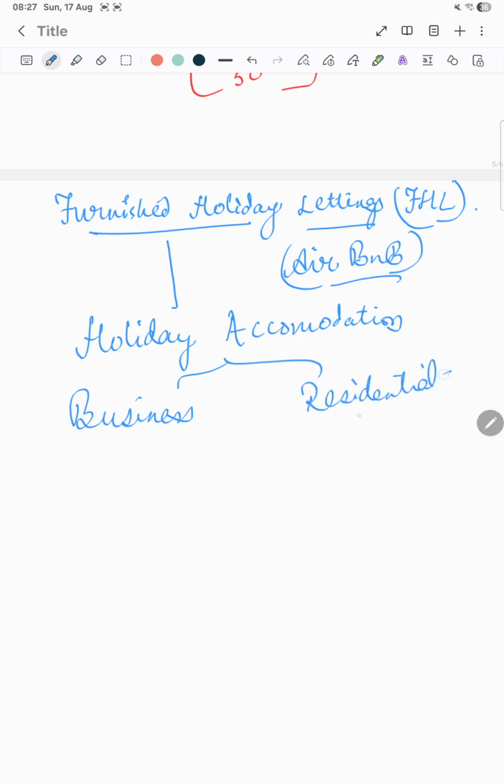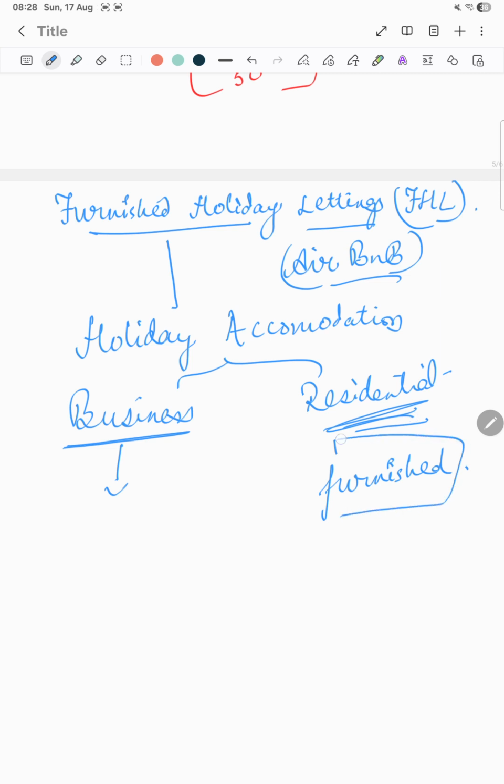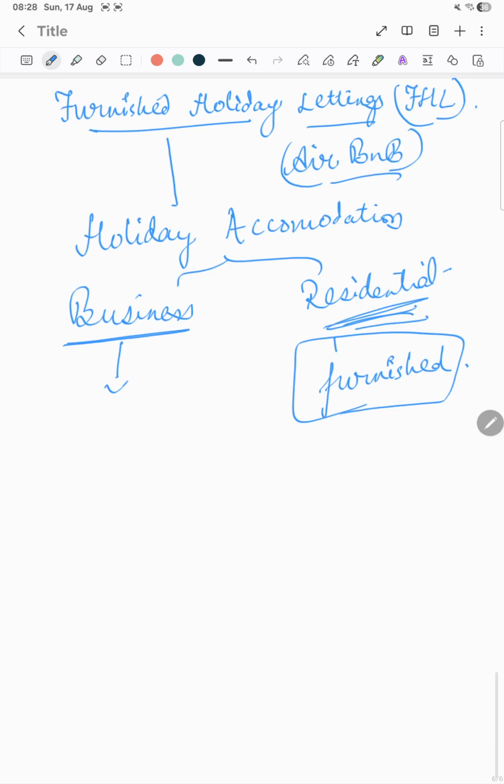Now when you go to Airbnbs, it's like a house. That house which is fully furnished, you get all the facilities like a home. So is it a business property because more and more tenants are coming day by day, or is it a residential property because it gives a feeling of home? So there is a different tax treatment for furnished holiday lettings.